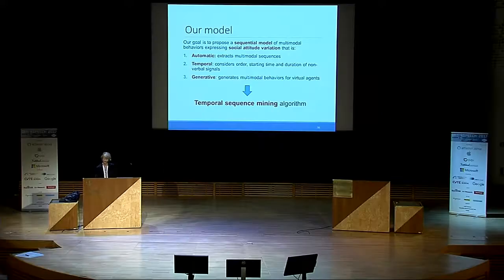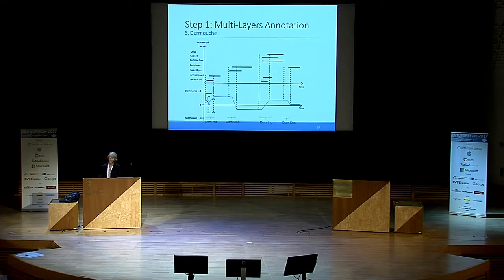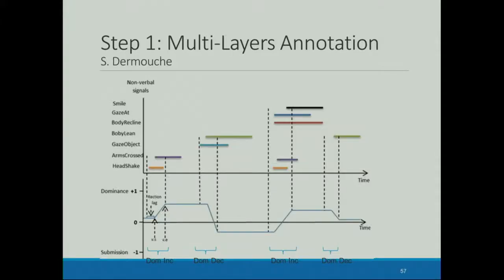So for that, we use a temporal sequence mining algorithm. We looked at a database that we got, and we applied multi-layer annotation. On one side, we annotated the nonverbal behavior of the virtual agent, and on the other side, we annotated the perception of dominance and friendliness in a continuous stream.